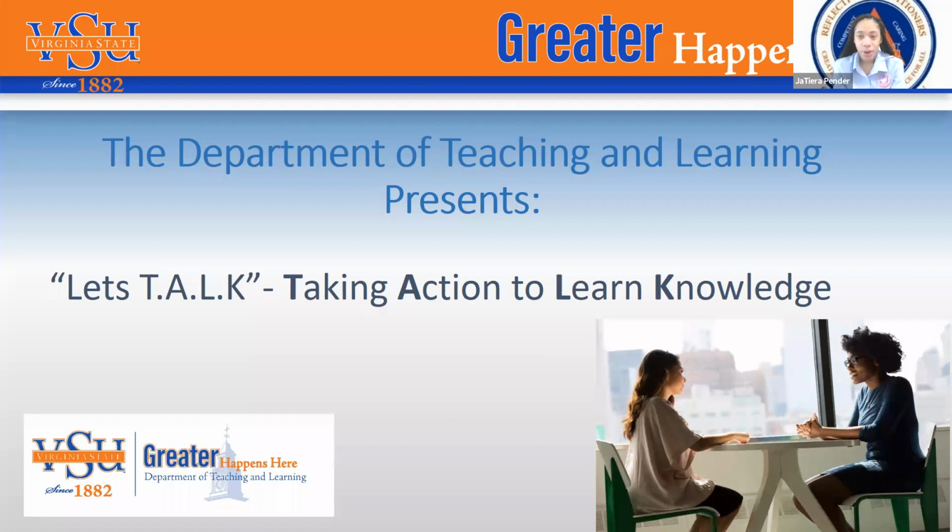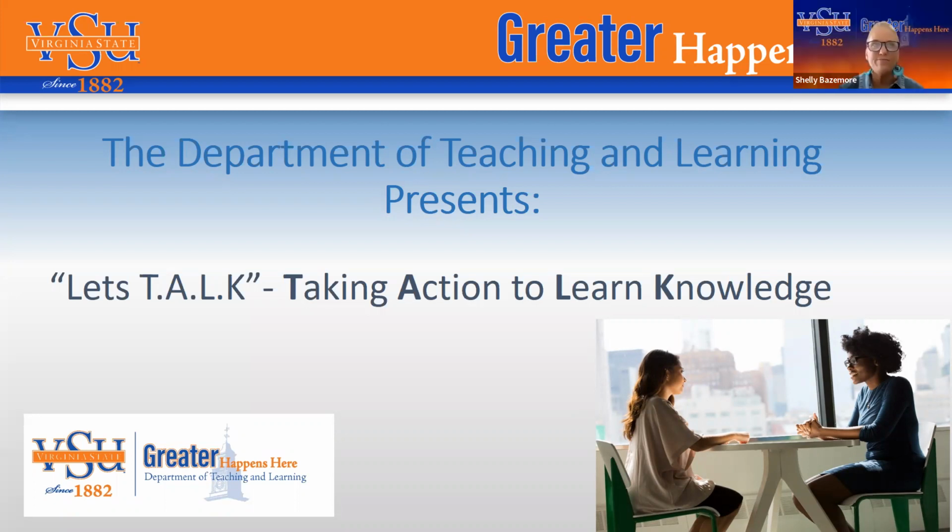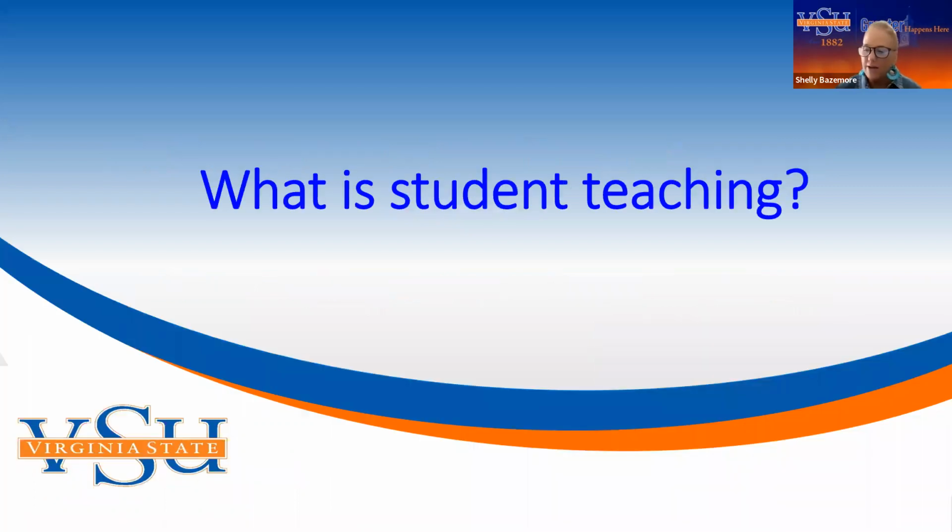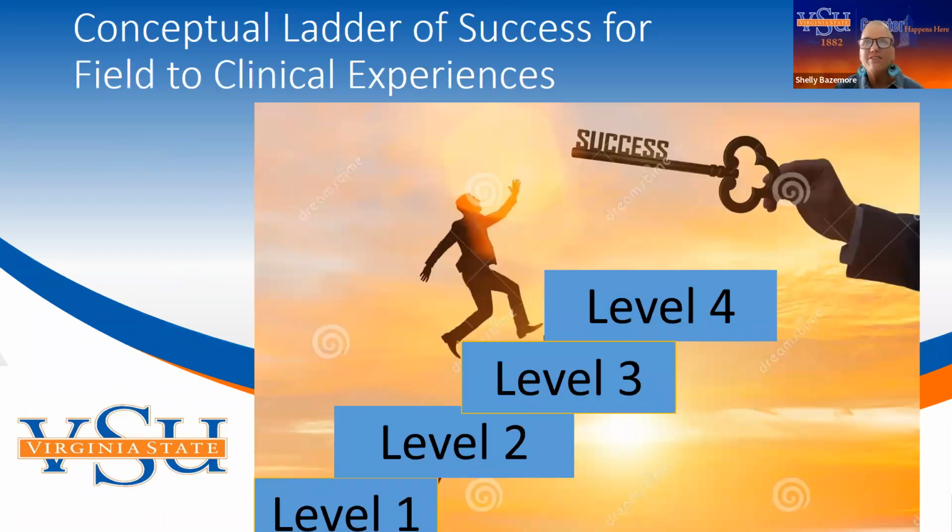That's excellent. Okay, first question. What is student teaching? Well, let me begin by first going through the progress of how you actually get to student teaching. We have a conceptual framework within the College of Education at Virginia State University where students have to leave competent, caring, culturally responsive, reflective practitioners.